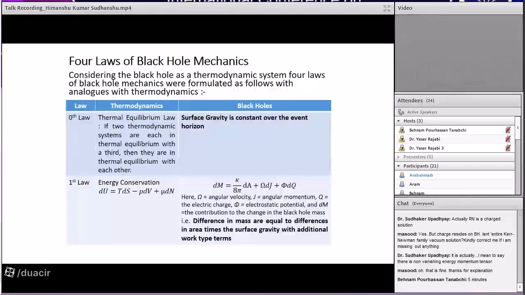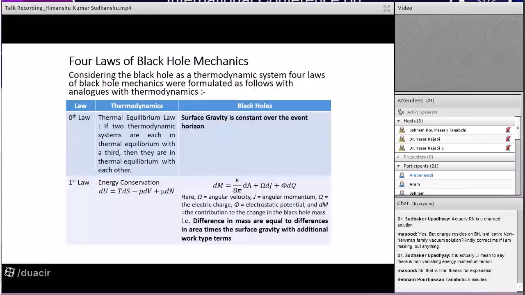The first law of thermodynamics, which talks about the conservation of energy, says that in a thermodynamic system, energy is always conserved. A similar analogy has been found in black holes, where the change in mass of the black hole system is equal to the change in area, angular momentum, or charge, and other parameters.